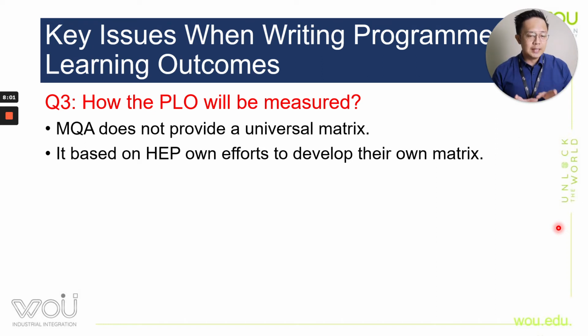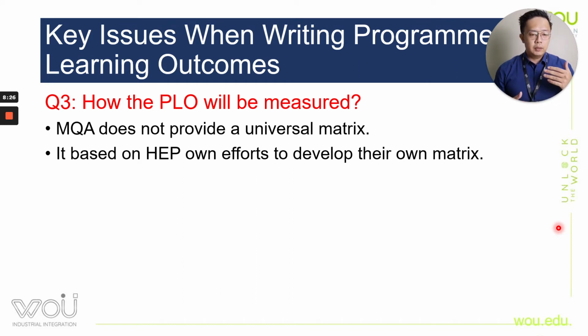That ICGPA metrics was actually used to measure the PLO. Right now every institution has developed its own metrics to measure the attainment of the PLO based on its own effort. So you can always refer to your dean for the metrics currently used by WOU to measure the PLO.